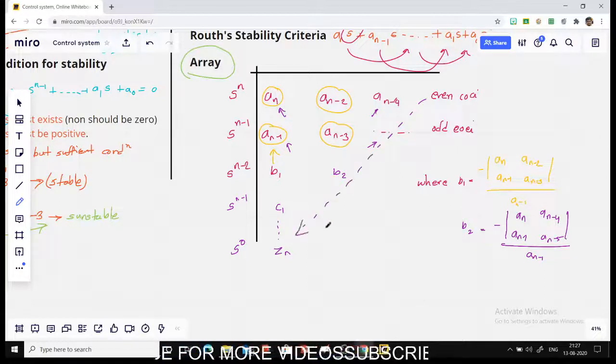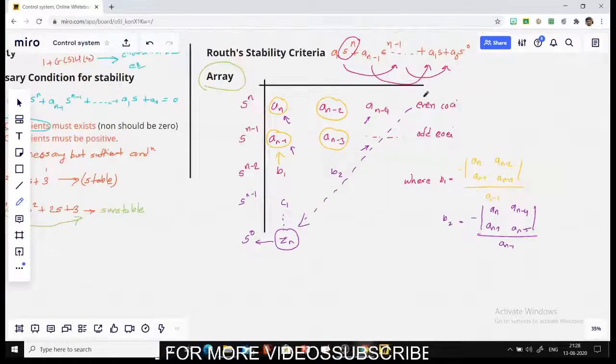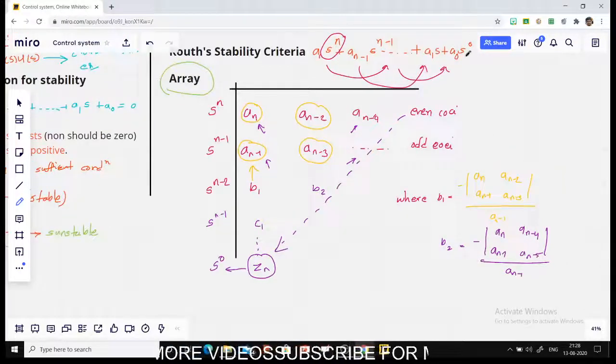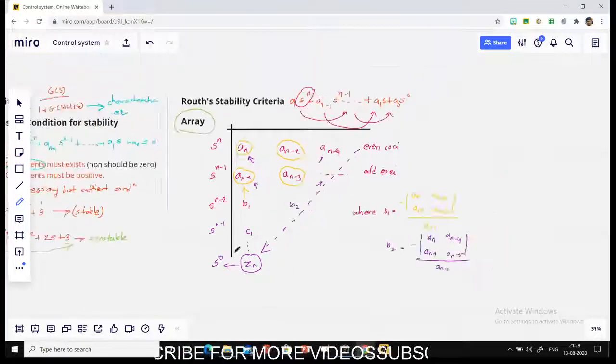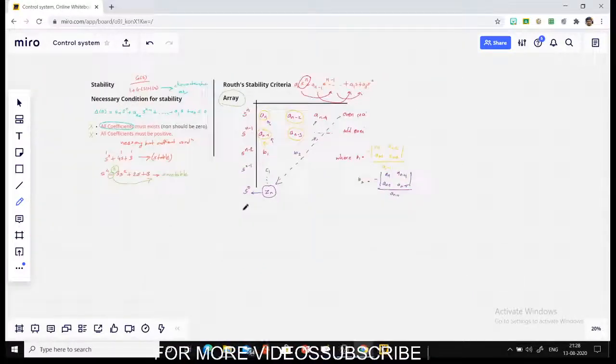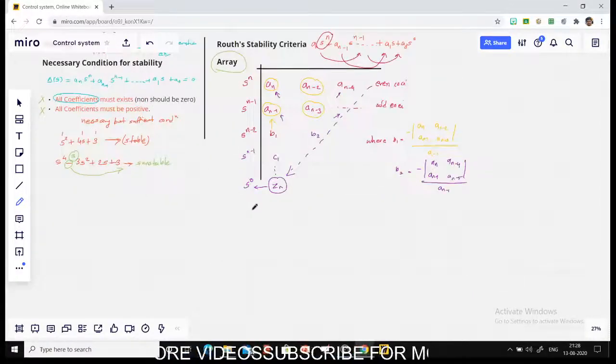So every time your terms will keep on decreasing and finally you will get only one value for s raised to 0. How many rows there will be depends on your characteristic equation. However many terms you have in your characteristic equation, that many rows will definitely be there in your Routh's array. Now the question is why we are doing this. How does my stability get affected?